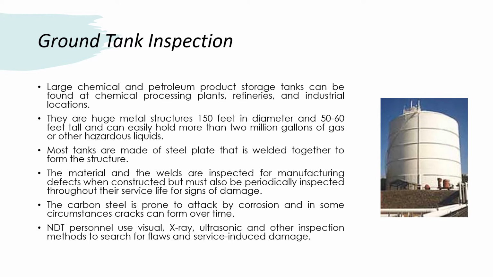It may be a water tank, gas tank, chemical tank or petroleum tank. These types of tanks are used in various areas. You can see chemical tank processes in various plants, refineries and industrial locations. We also see petroleum tanks.